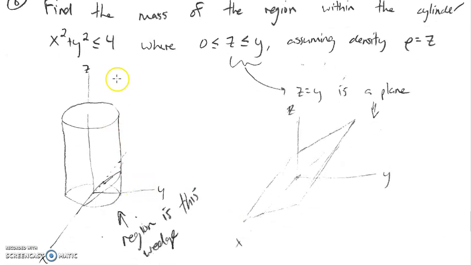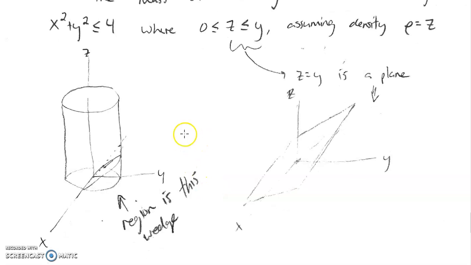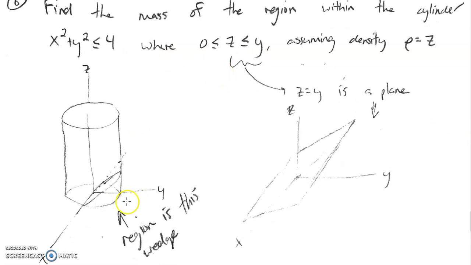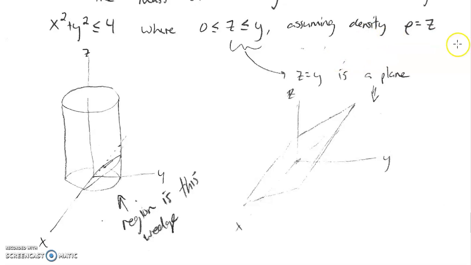So if I come over to here, here's that cylinder, and then here is that plane slicing that bit. So the region that they're describing with this mess up here is this little wedge of that cylinder, and it's got density z.